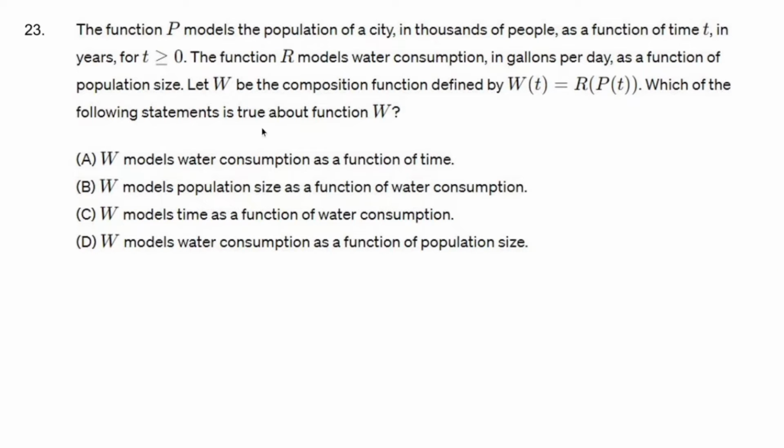Which of the following statements is true about w? Now, before I go on further, this problem looks very similar to an actual AP Precalculus test problem. Okay, so it looks very similar. And when you're finding w of t, it's still a function of time.